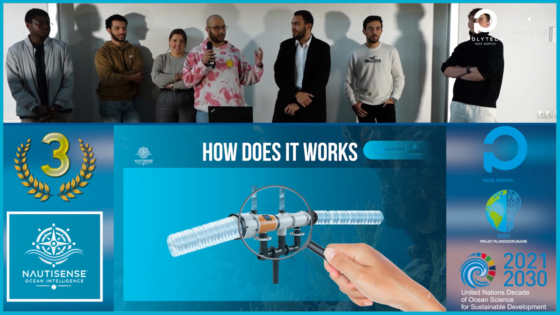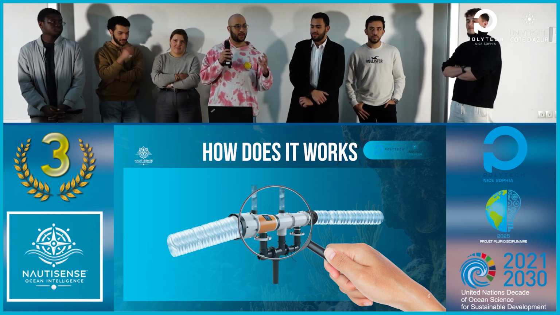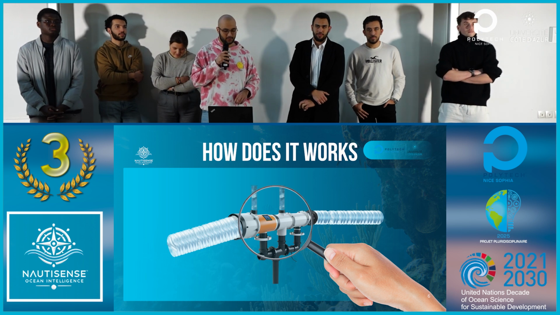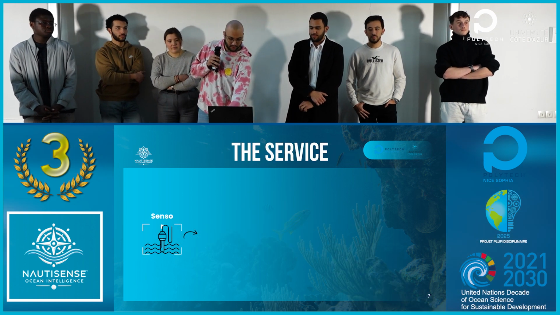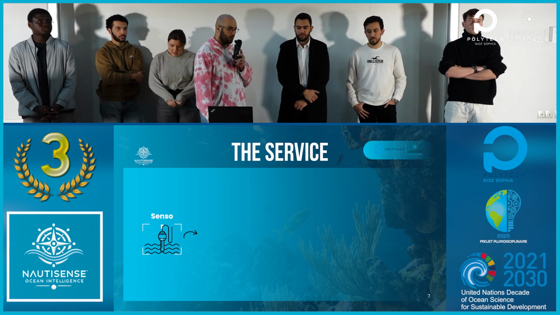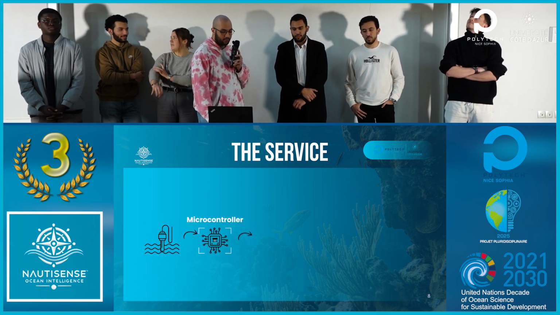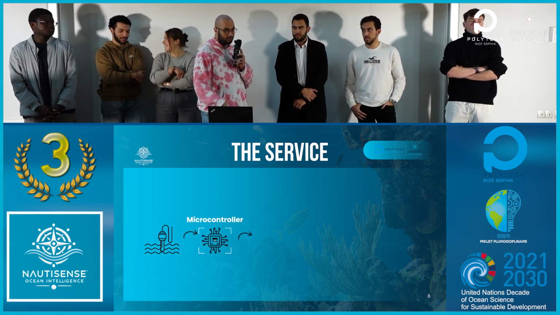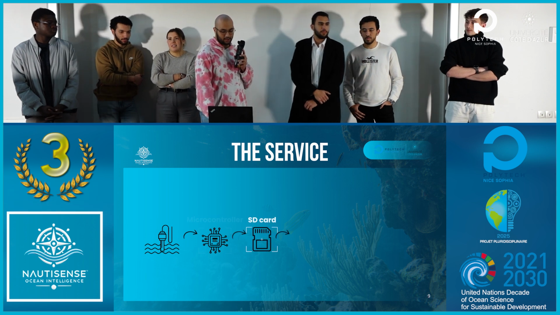As you see in the beginning, it's going to be a tube, and inside that tube we're going to have sensors. These sensors get data that is transferred to a microcontroller, which stores that data on an SD card.